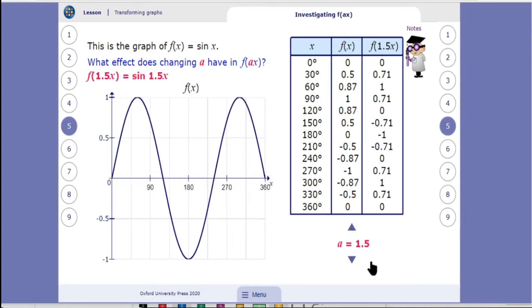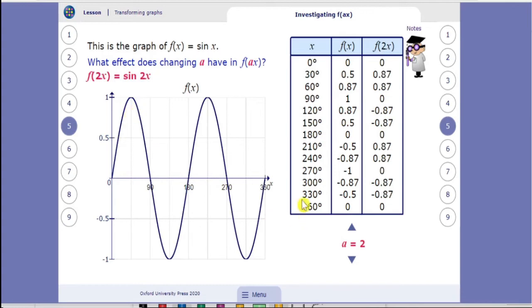And if I do it with 2, you can see that instead of 360, the wave is being completed in half the distance. Now we have two waves in the same interval, and each wave has its wavelength. The wavelength is now halved and the number of waves is doubled.